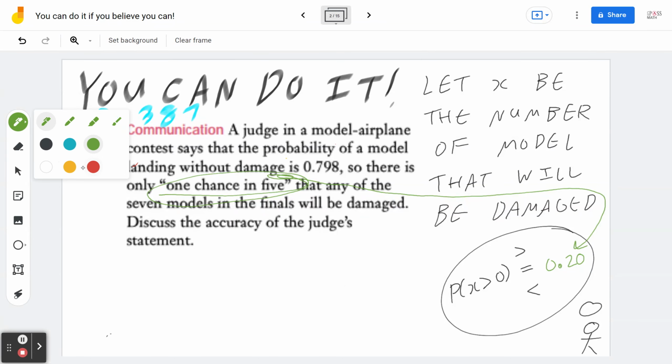So let's go back. You can tell by the given, this is a binomial distribution. How do we know that? Anytime there's any type of success and failure, that signals there are two values, P and Q. In this context, we have 0.798, which is what happens when the model is landing without damage.